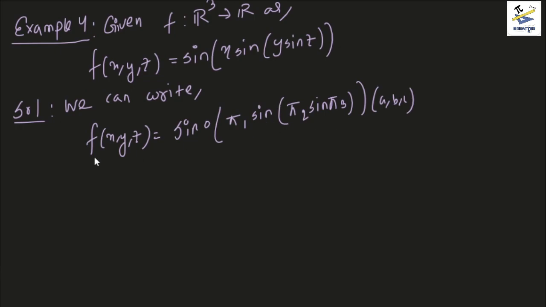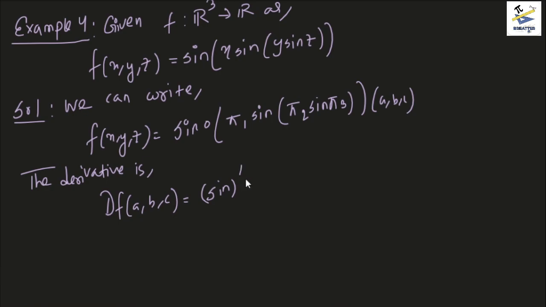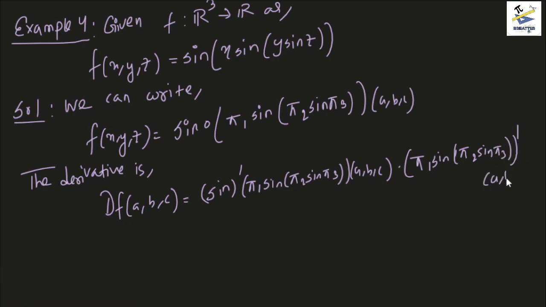Well, so the derivative df of a comma b comma c is sine's derivative at the point pi 1 sine of pi 2 sine pi 3, so sine prime into pi 2 sine pi 3, and this is at the point a, b, c, multiplied by pi 1 sine of pi 2 sine pi 3 derivative at the point a, b, c.